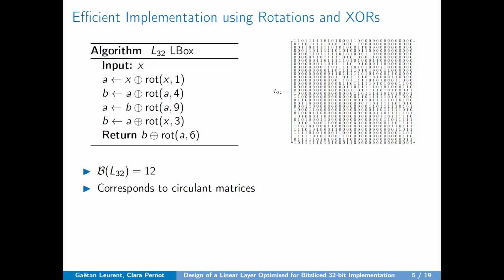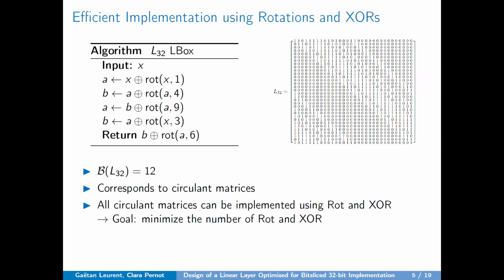So this is a circulant matrix. And this linear layer has a branch number 12, so it's the same as in the LS design. And what we can see is that all the circulant matrices can be implemented using XORs and rotations. But the goal is to minimize the number of XORs and rotations.